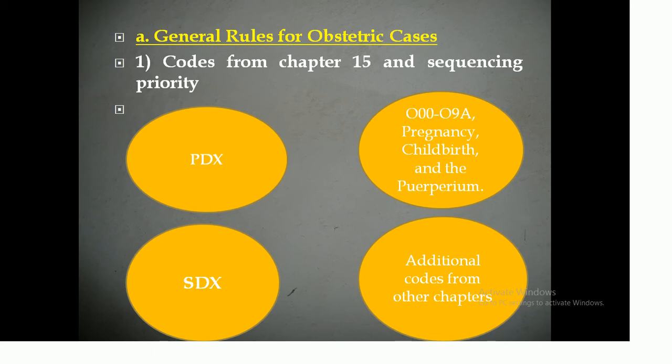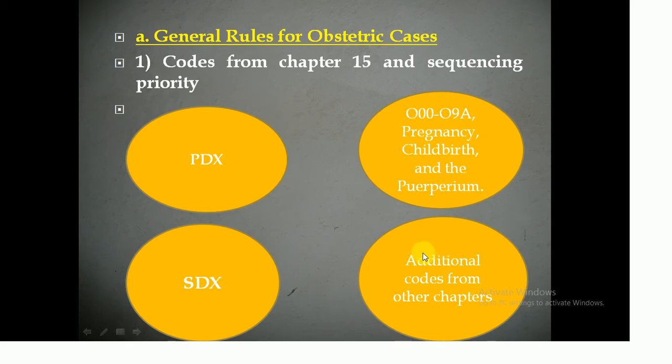In place of dehydration, first we have to code the O series, that is, the ICD series O00-O9A, pregnancy, childbirth and the puerperium. So as principal diagnosis we first code the O series, and then as secondary we code the additional codes from other chapters, whatever the diagnosis is.